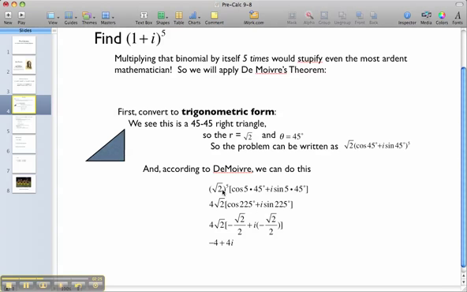We take that r value to the 5th power, and then we multiply the angles by 5. So notice what we get, and we can substitute a value for the cosine of 225 and the sine of 225 and use our distributive property here, so we eventually end up with that particular coordinate there, -4 plus 4i.